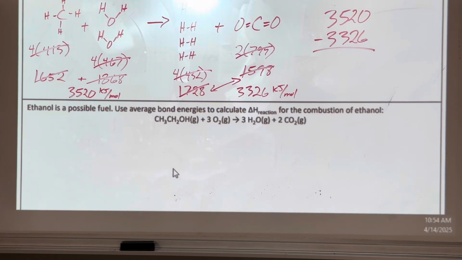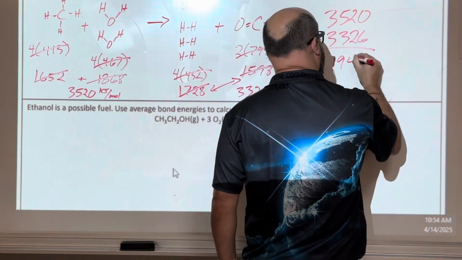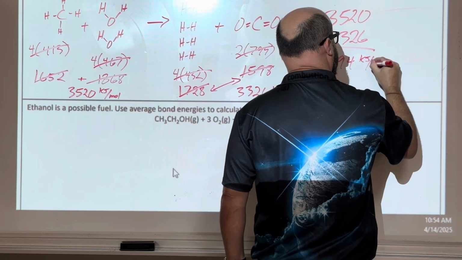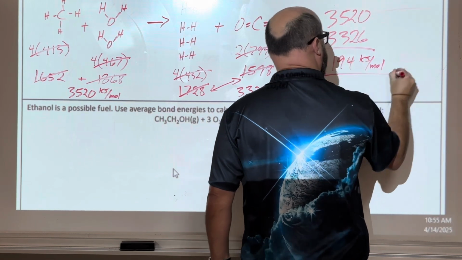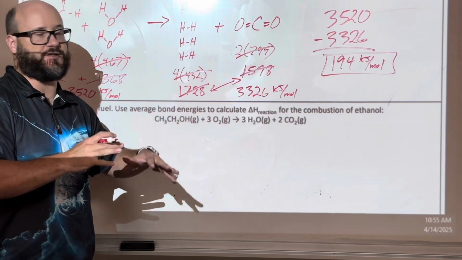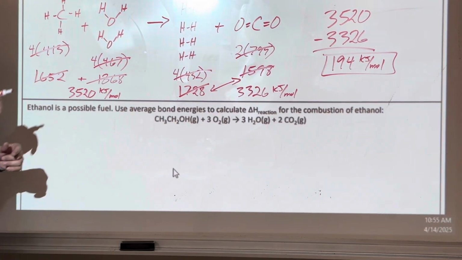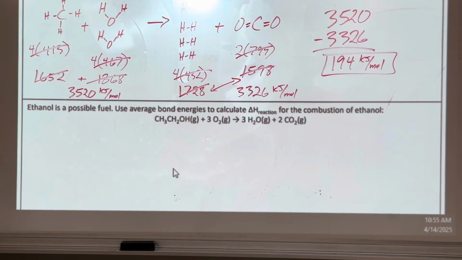And let's see what we get. 194 kilojoules per mole. So reactants minus products, total energy gives us 194. It's positive. That tells us this is an endothermic reaction.